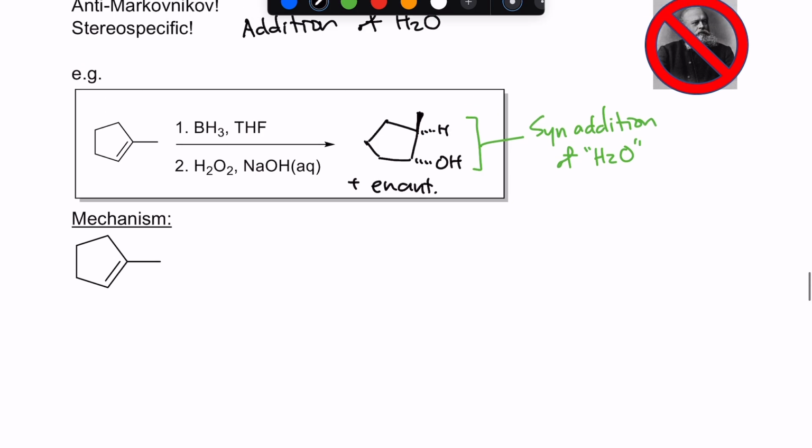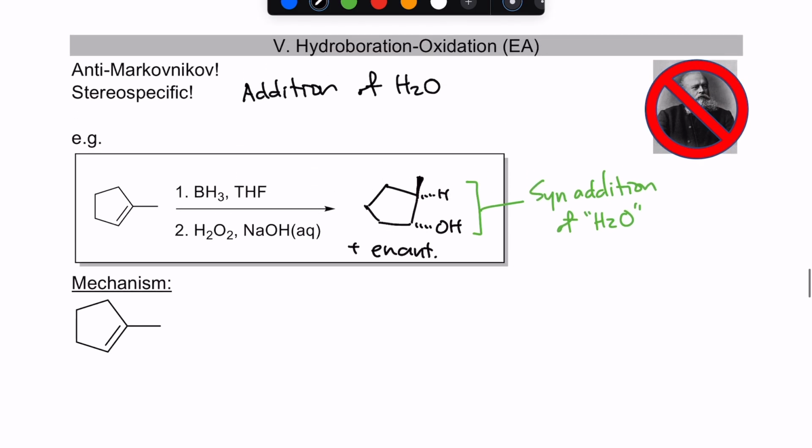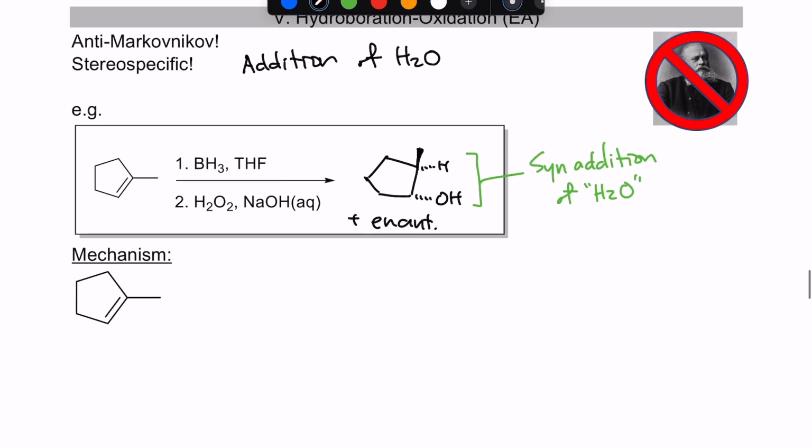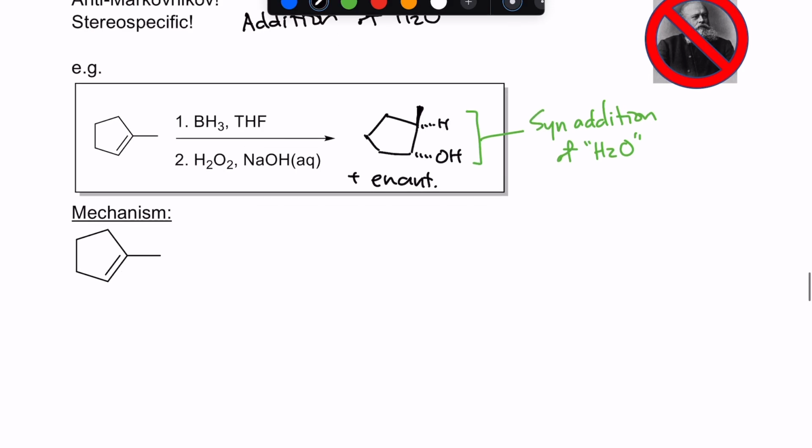The first thing that you add, just like the name suggests, is a hydroboration or borohydride kind of compound. In this case, we're using borane, which is a neutral species that has this structure.